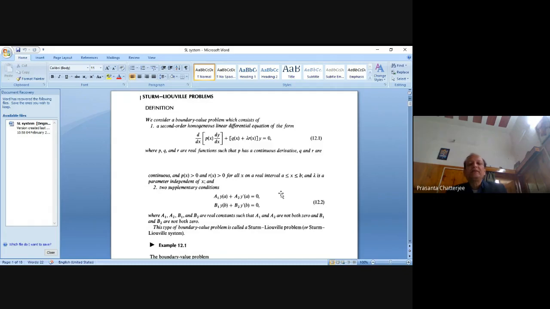So here a linear combination of y(a) and y'(a), and y(b) and y'(b) is taken. So ultimately the boundary conditions taken are a1 y(a) plus a2 y'(a) equal to 0, b1 y(b) plus b2 y'(b) equal to 0, where a1, a2, b1 and b2 belong to R. They are real constants.